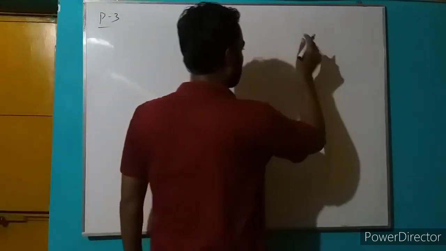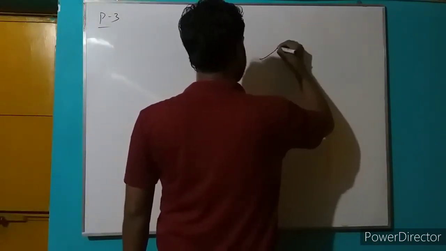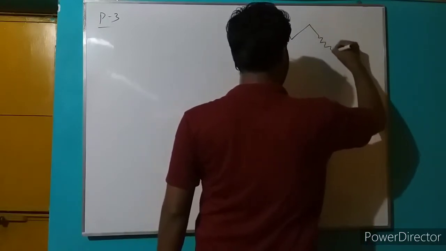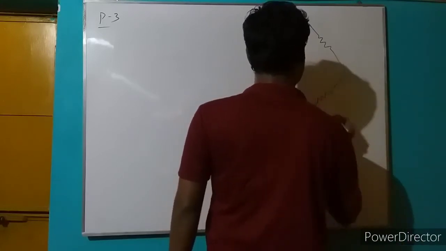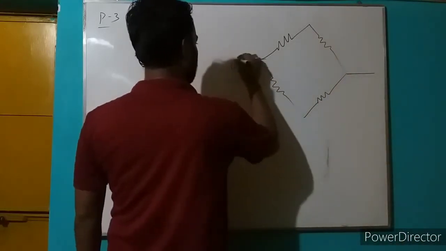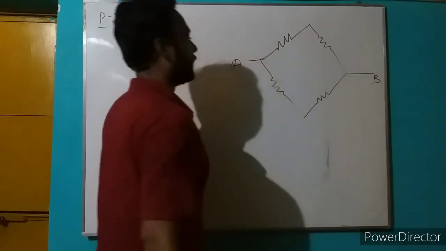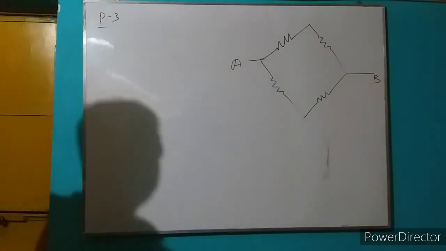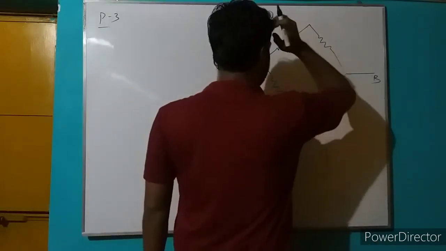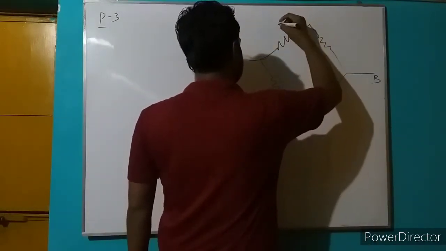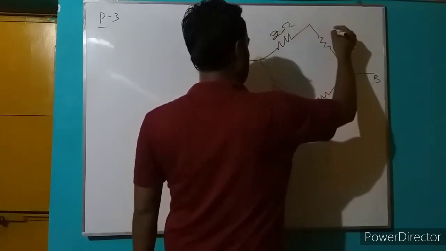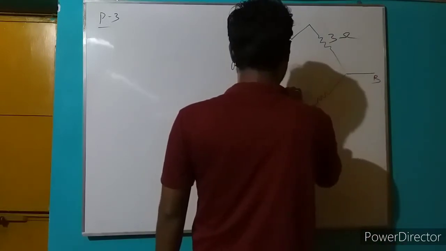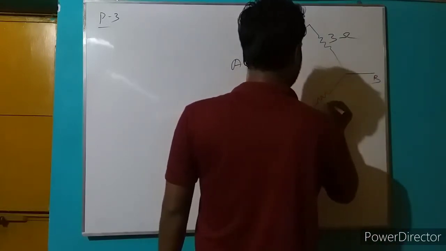Third problem, that is problem number 3. Here, if you assume problems like that, this is the problem. A and B is here. And all have resistances: 2 ohm, 3 ohm, 3 ohm, 2 ohm.